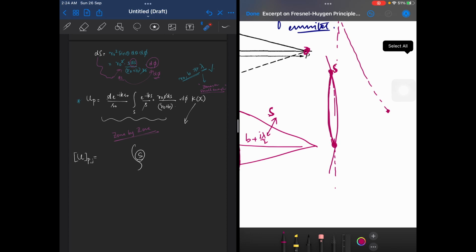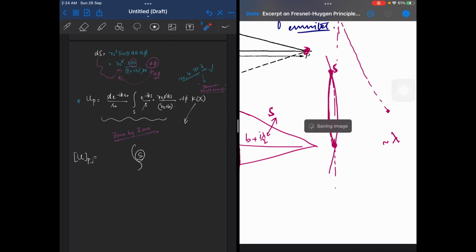Now these are microscopic things relative to lambda, relative to r naught, relative to b. R naught is bigger, so that means it's plane waves, and we are considering it at higher distances. See, diffraction. Plane waves are incident.